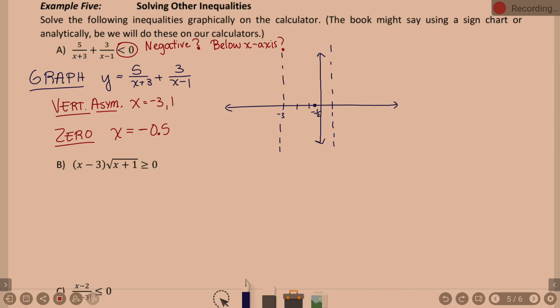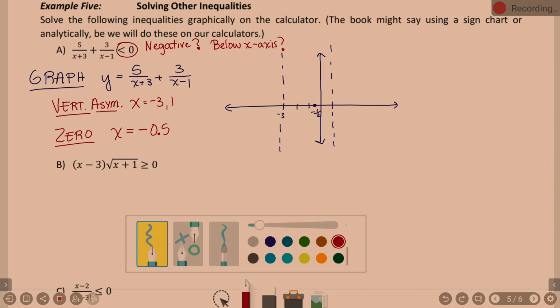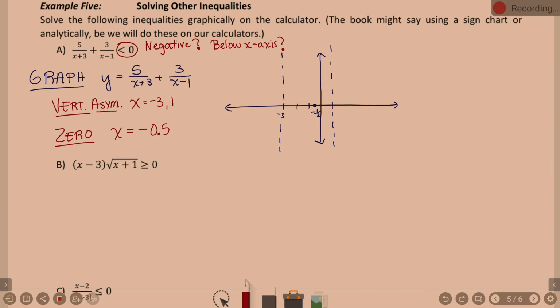Other than that, you can just sketch based on what you're seeing on your calculator screen. All I did was put on my asymptotes and the 0, so I have something to go off of.